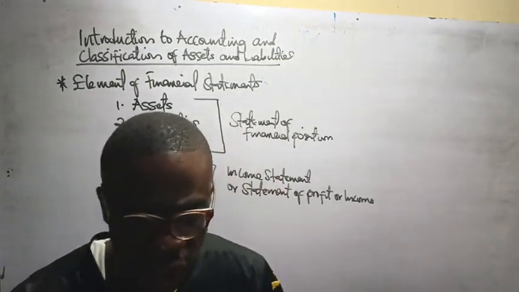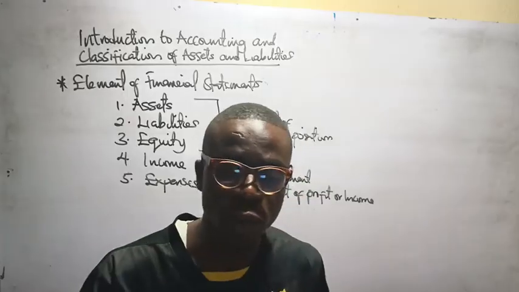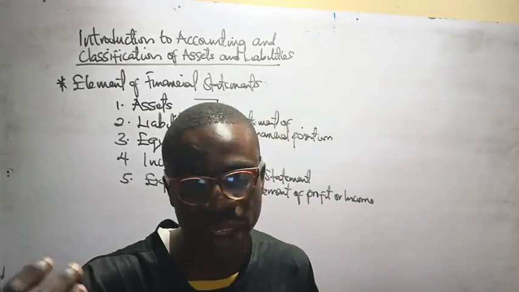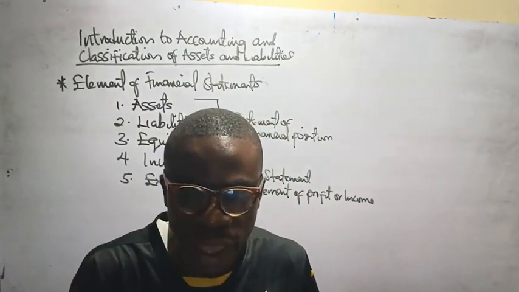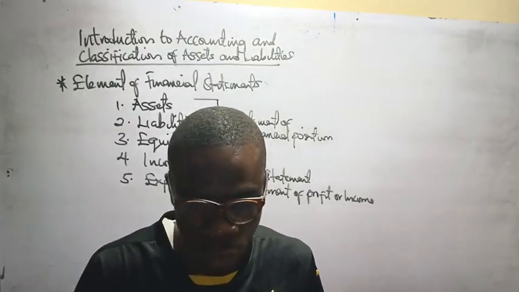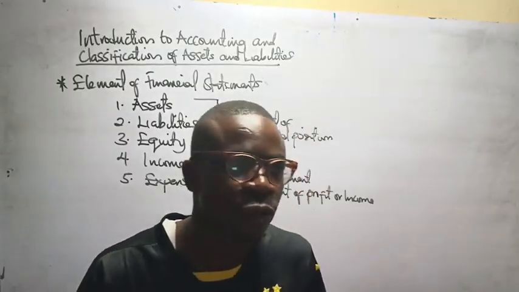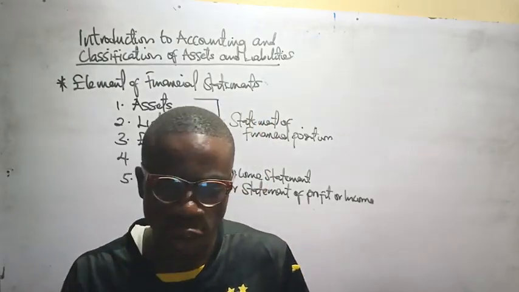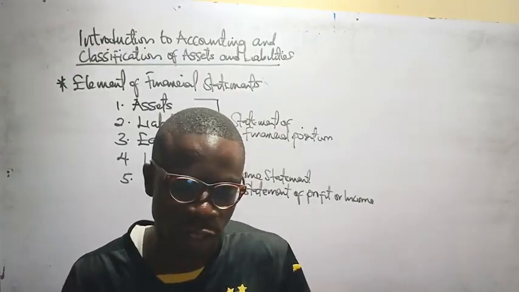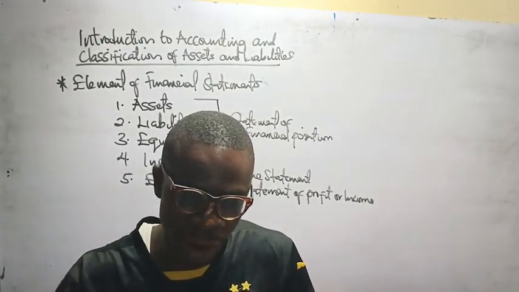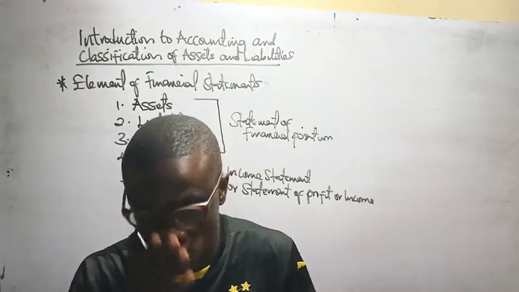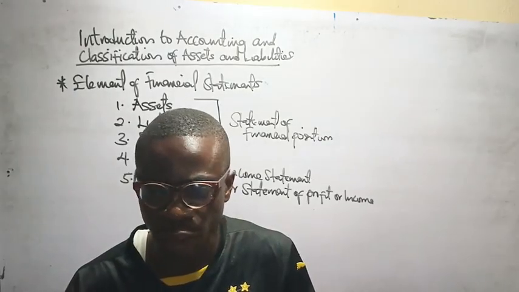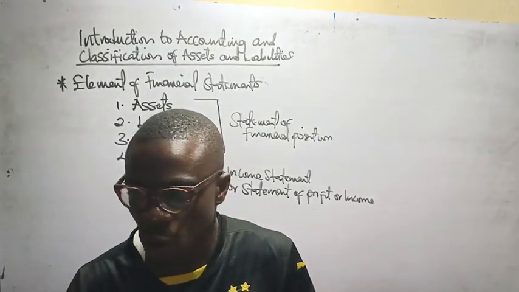Now, let me give you an example of why we say assets. If any business or any entity wants to generate income, what they need is assets. Let's look at banks, for instance, like UBA. They are rendering financial services. Their assets include buildings, laptops, or furniture.